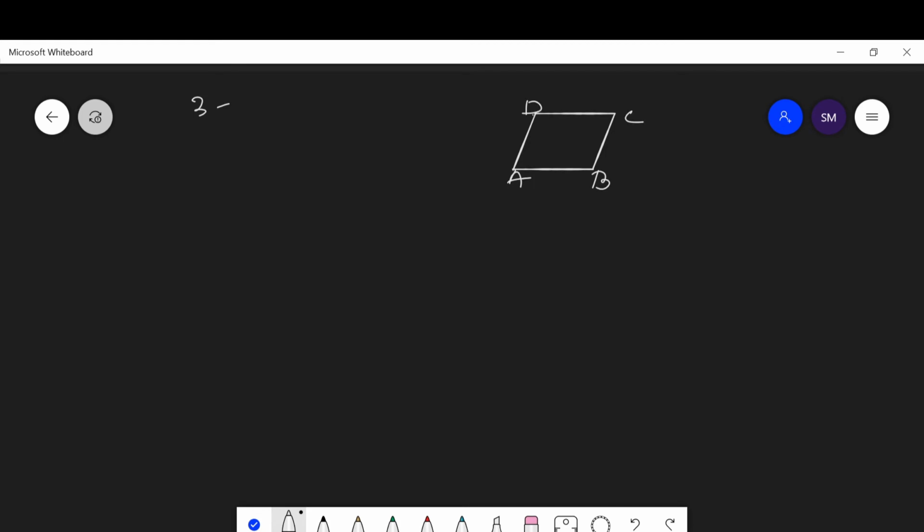Also, in a rhombus the diagonals bisect each other at right angles. In a rhombus, AC bisects BD at right angle.